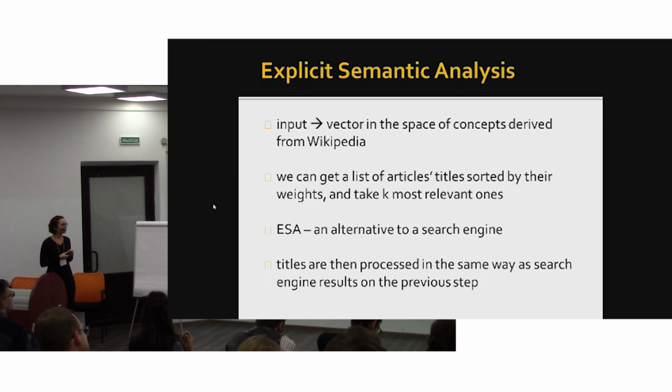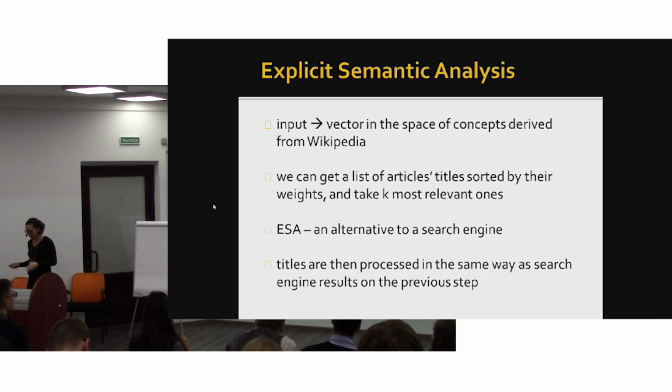In our approach, we make use of the described graph algorithm, except that instead of a search engine, we use explicit semantic analysis. Then the titles that we get from ESA are processed in the same way as search engine results in the previous step.